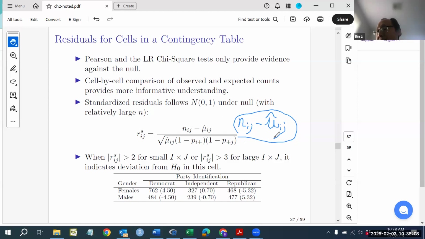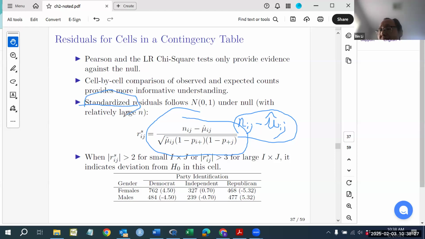So we need to standardize it. After we standardize it, under the null hypothesis it follows approximately a standard normal distribution, so that we can check whether it is significant or not. That's the purpose.